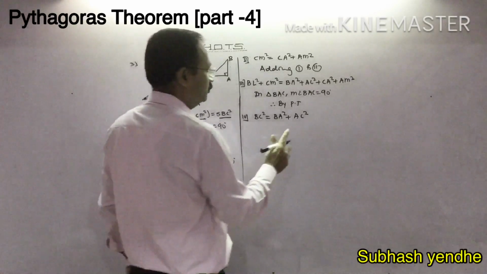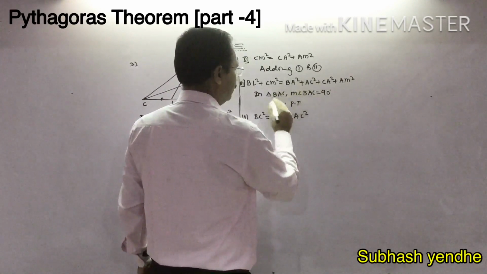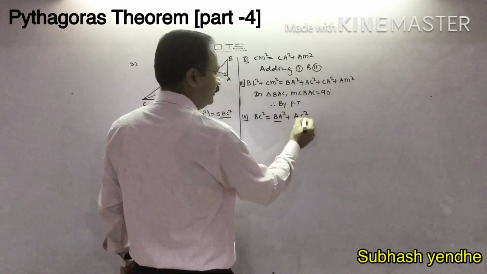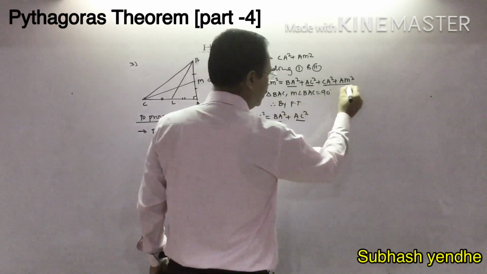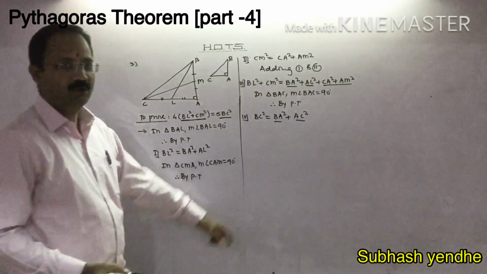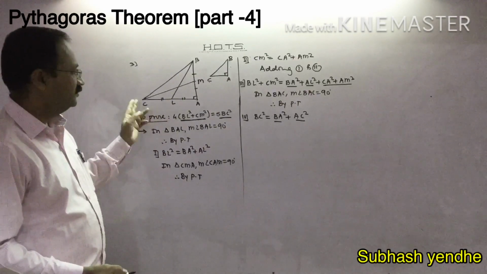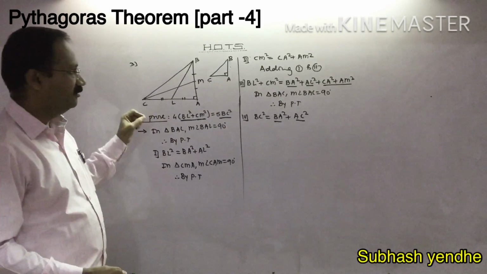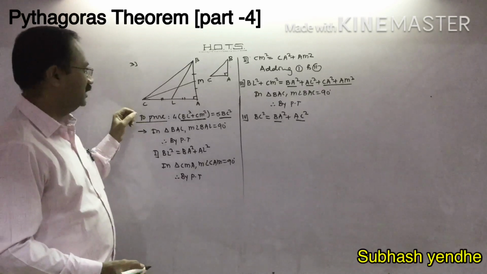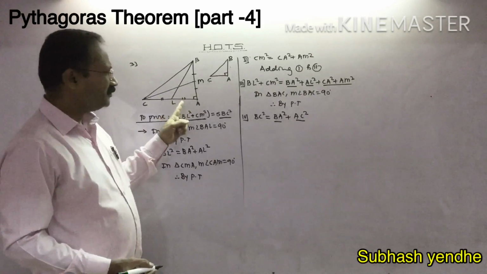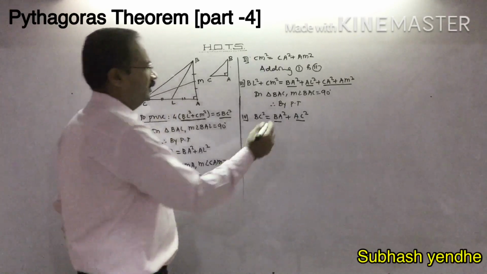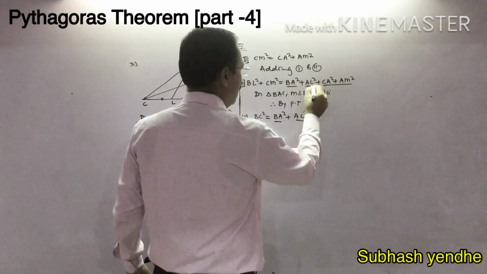So what you have to do? You have to rearrange this. I need BA, AC, BA and AC, but I don't need this one. So what you have to do? You have to cancel CA and AM. How can I cancel this one? It is very simple. AL square is half.